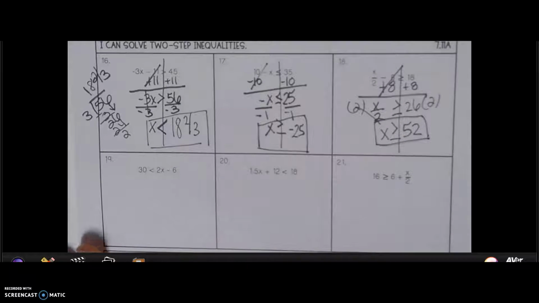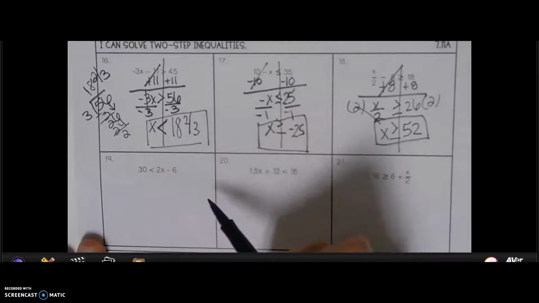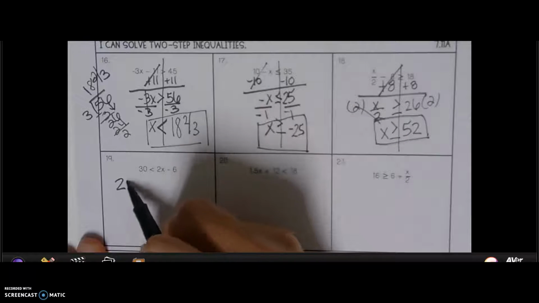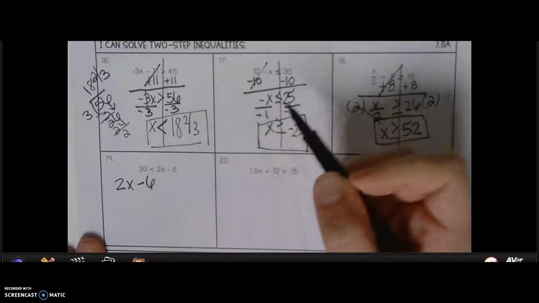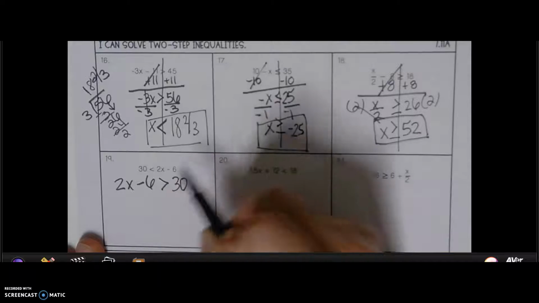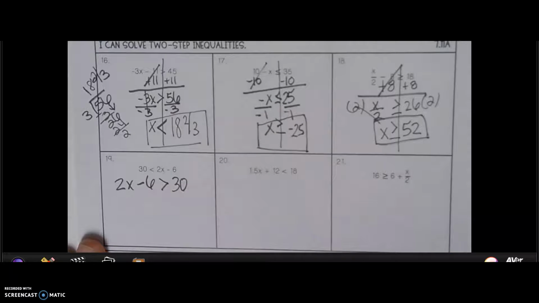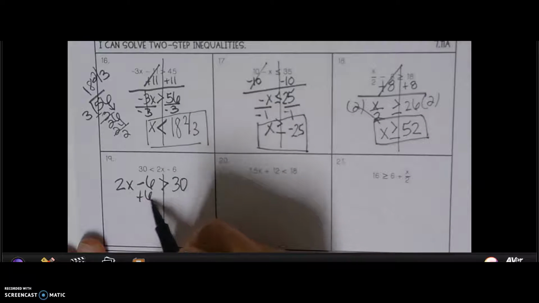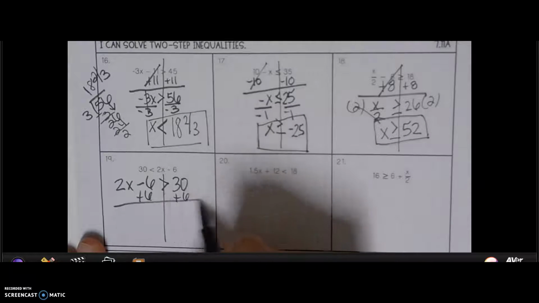So number 19. 30 is less than 2x minus 6. Well, we talked about always wanting the variable on the left-hand side. So we're going to rewrite this. 2x minus 6 is greater than 30. Okay, now we're going to solve the inequality. 6 is our constant, so I'm going to add 6 on both sides.